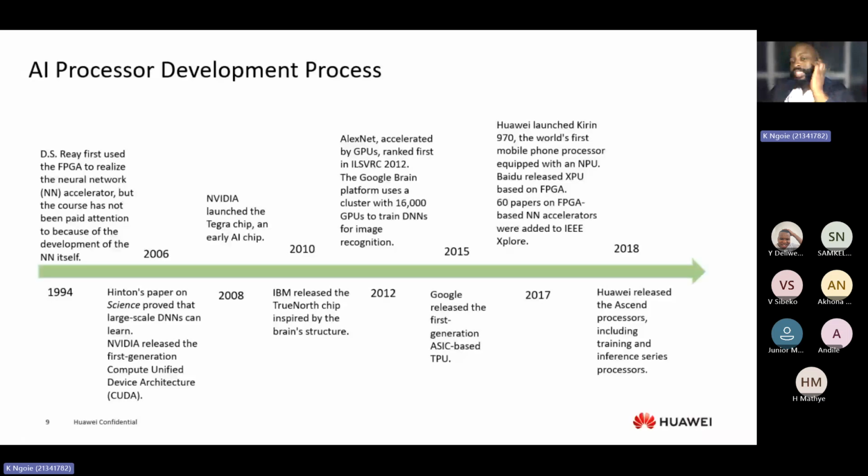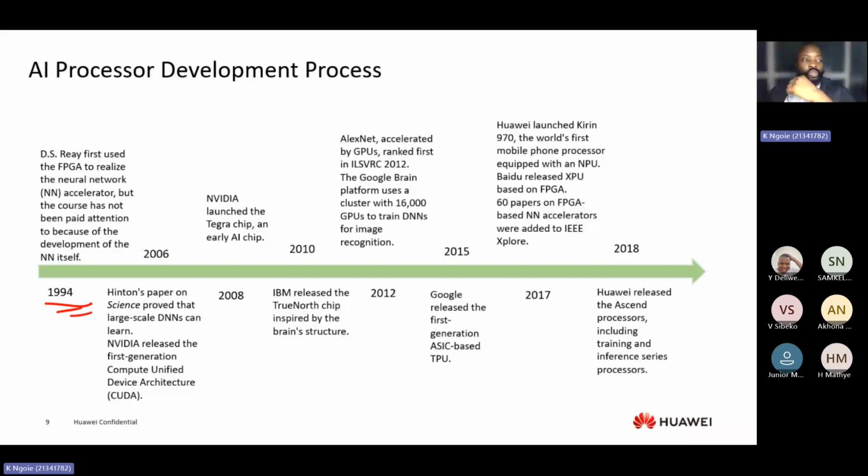In terms of the AI processor development process, since 1994 we already have development of different chips. But as time goes on, there are more chips being created, which are used in different types of devices.